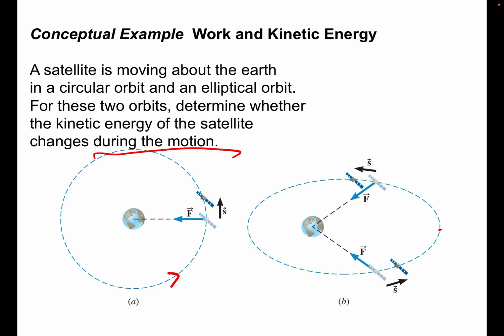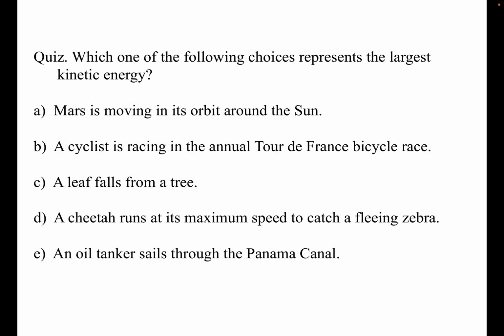For an elliptical orbit, the force of gravity is not always perpendicular. For example, in this location, that's the direction of displacement, that's the direction of force. So sometimes gravity does positive work, sometimes gravity does negative work. Therefore, the kinetic energy of the satellite would indeed be changing over the orbit.